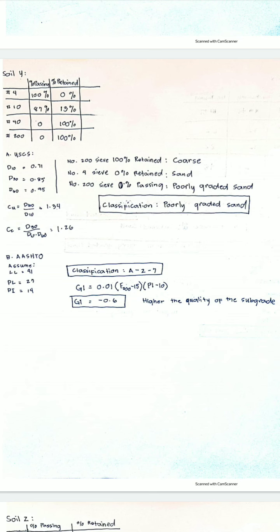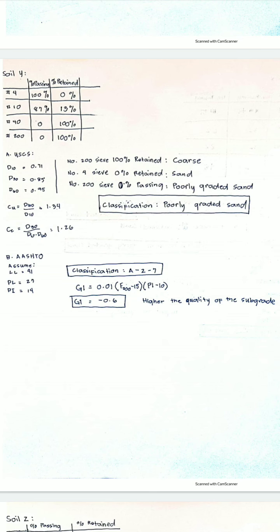Next is classifying the soil type using AASHTO. I assume that soil Y has a liquid limit of 41, a plastic limit of 27, and then PI is equal to 14. Using my assumption, I classify soil Y as A-2-7.